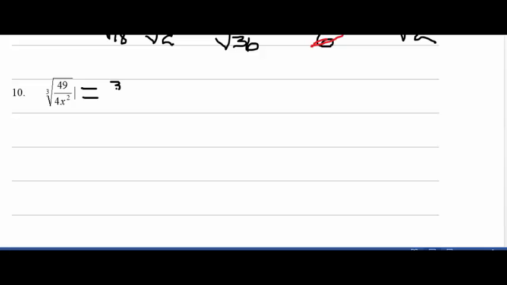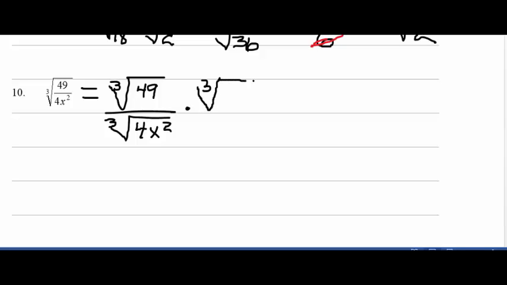So this cube root 49 over the cube root of 4x squared is going to require the same type of work that I did in the previous one, except now I want to multiply by a cube root over itself to make the product in the denominator become the cube root of a perfect cube.